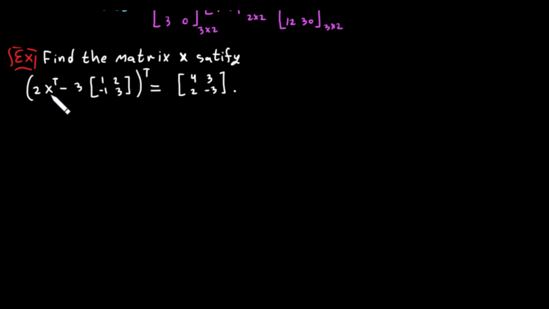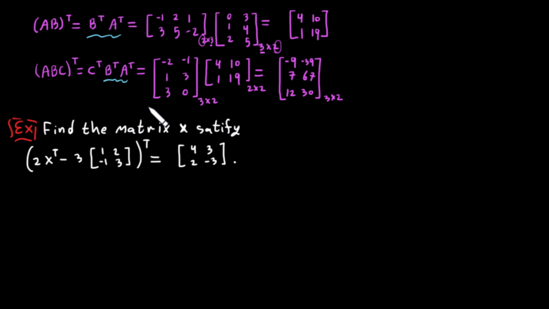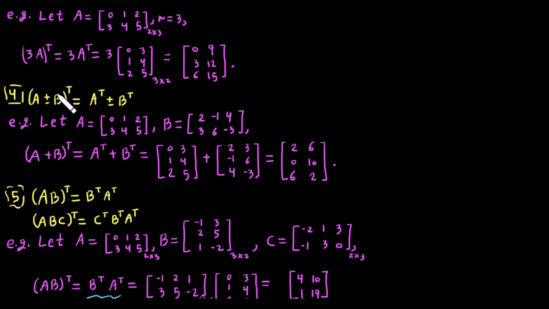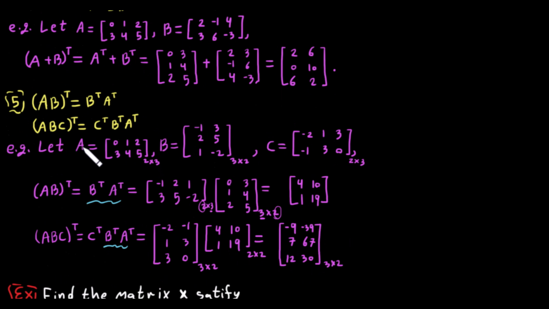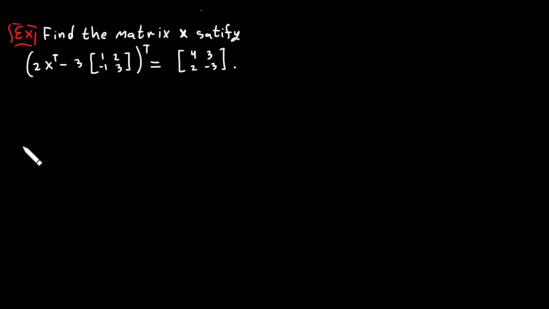So here I will distribute it here. The distribution of the transpose, as we have done it here, we have to distribute it as here. So here it will be A transpose, B transpose. So we will use this property. So we have to distribute this transpose to this term first.